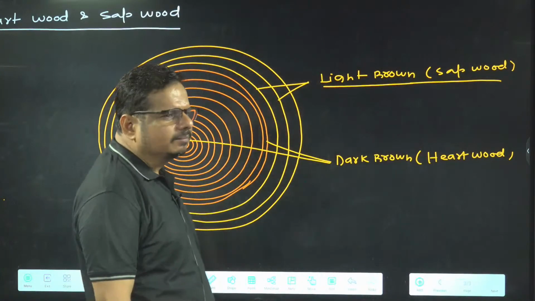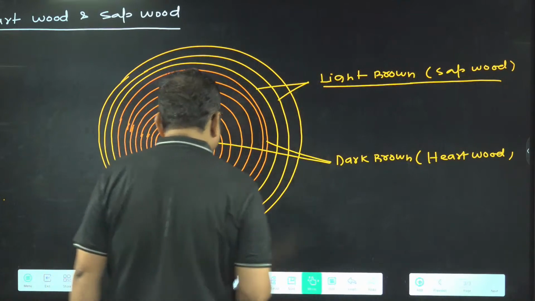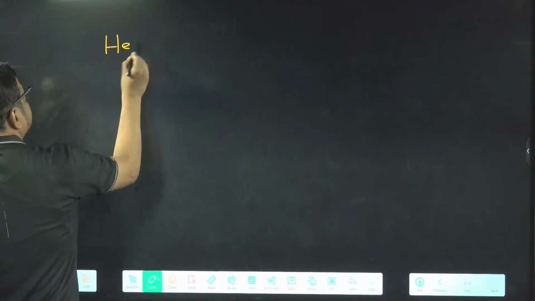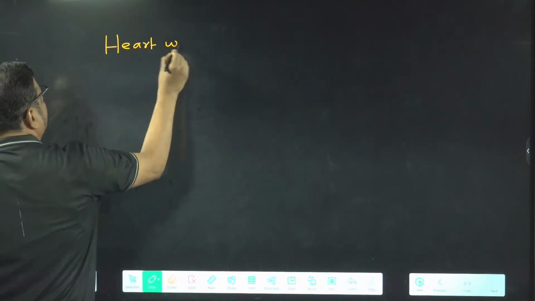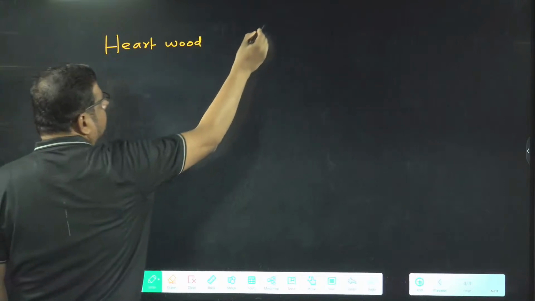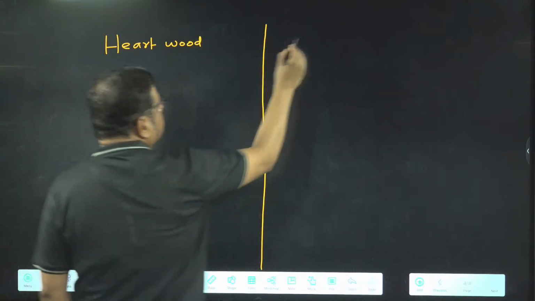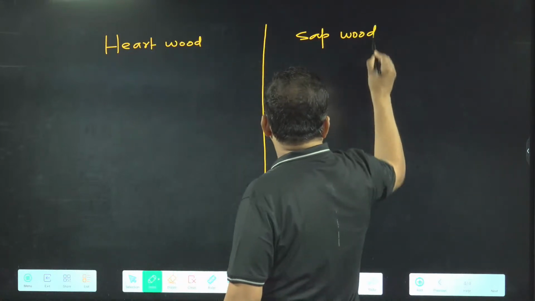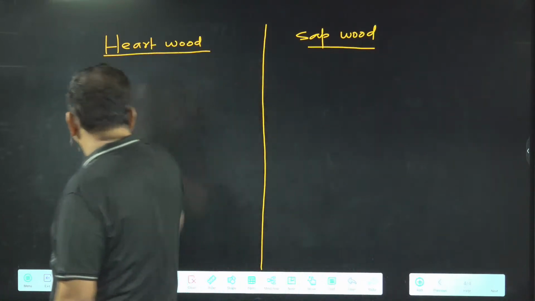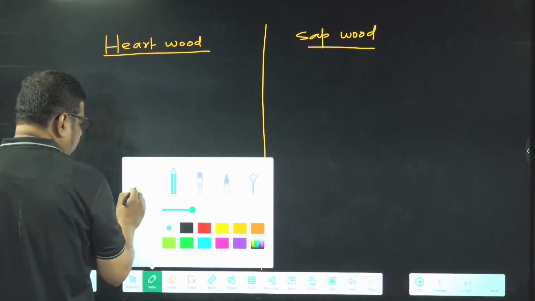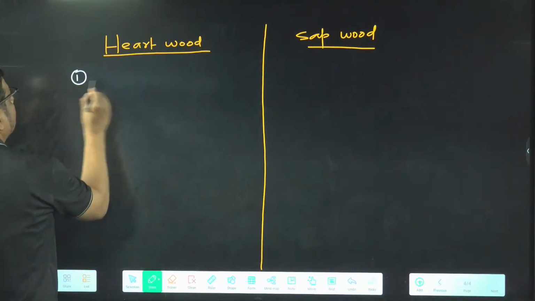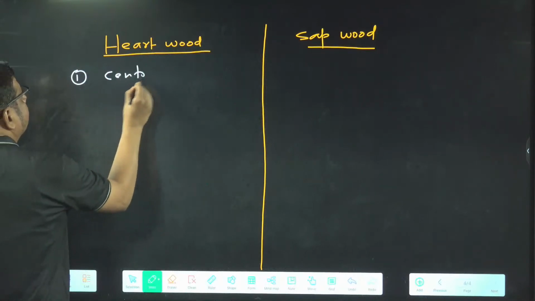Isn't it clear? So have a look here. Now we are going to deal with the difference between heartwood and sapwood. If you talk about heartwood, it is centrally located.